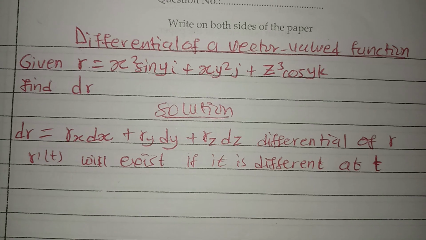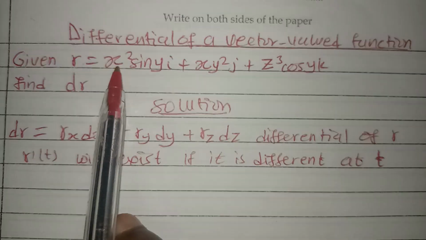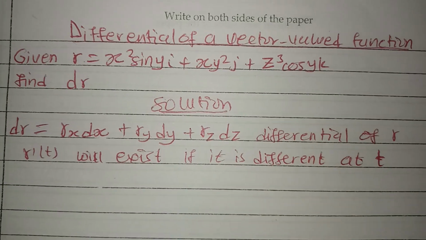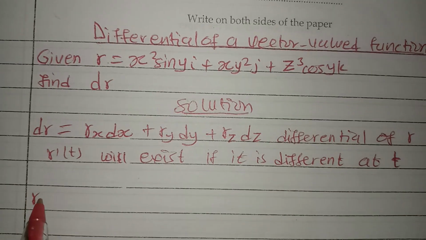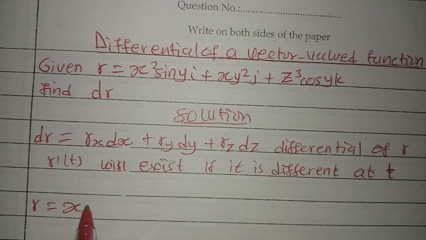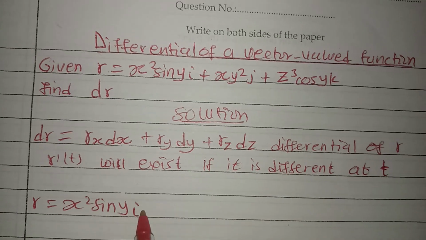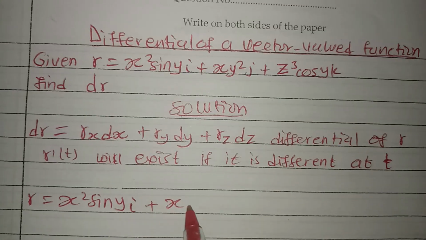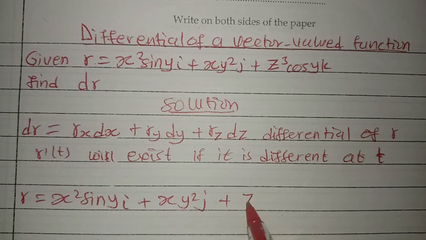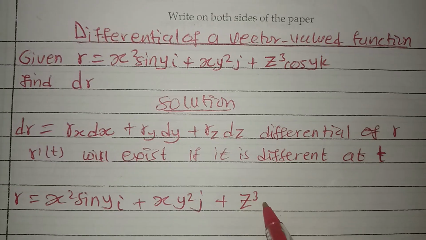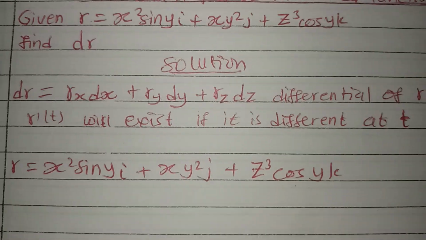To be able to find the solution to this question, we are going to use the term by term approach of differentiation, meaning we are going to differentiate this term by term. So I have the question here: r equal to x squared sine y i plus xy squared j plus z cube cos y k.